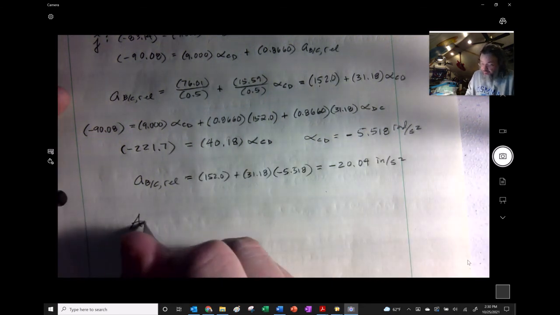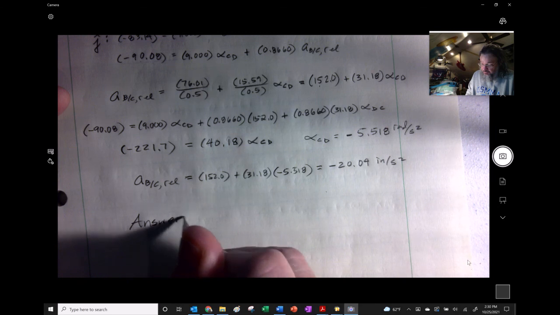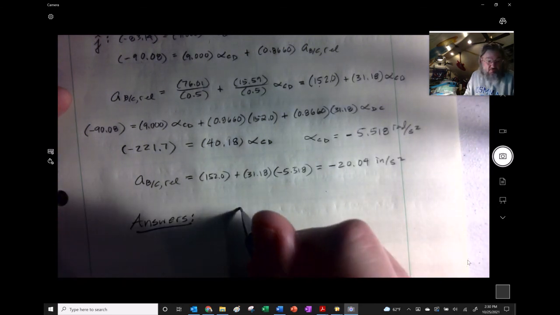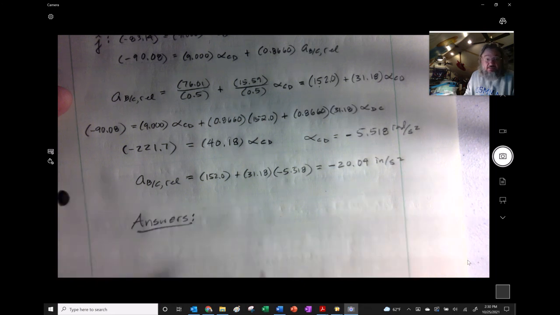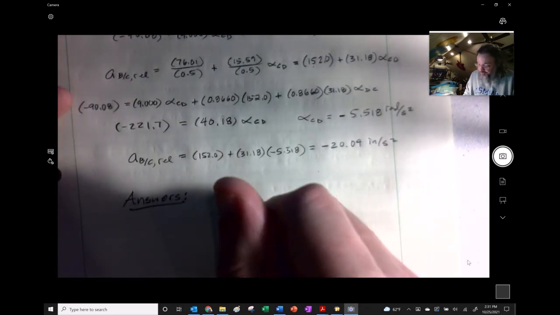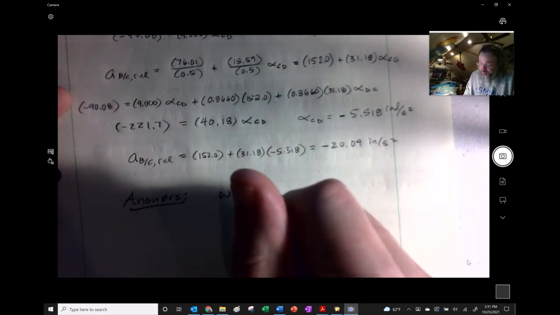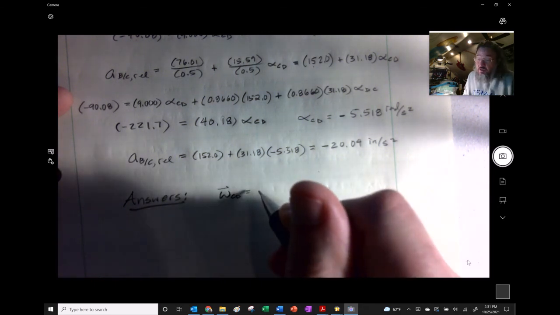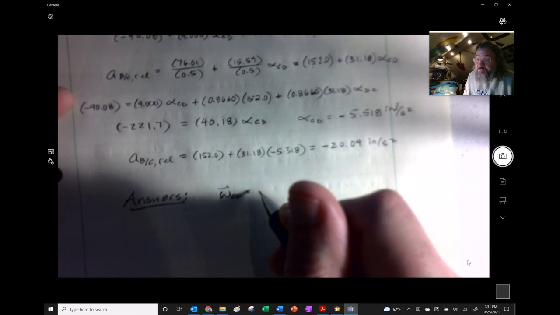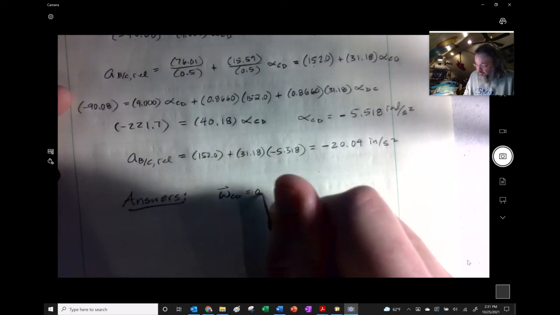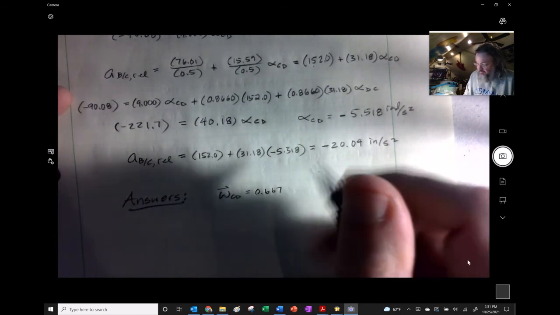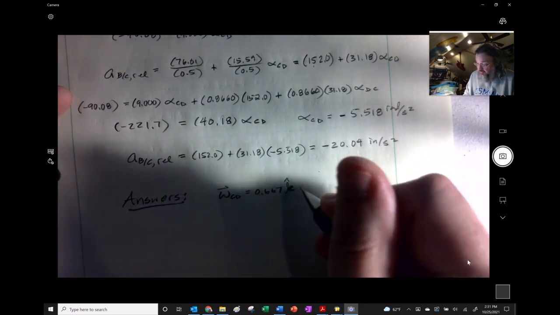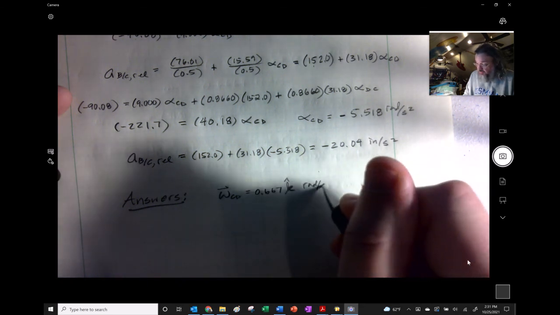So the answers are going to be, let's see, we did all this as vectors, so let's answer it as a vector. Omega CD is equal to 0.667 K. It's positive, therefore that's counterclockwise, radians per second.